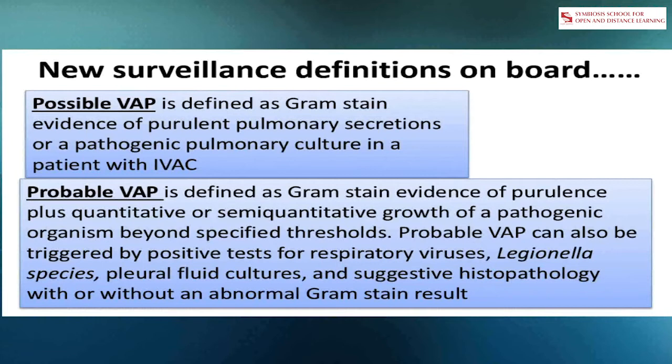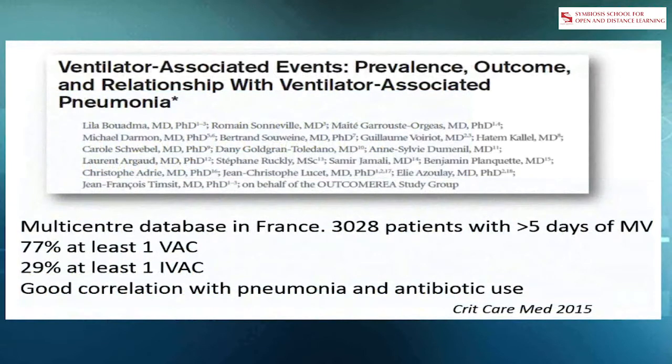It has been compared with the previous surveillance definitions of VAP. In a multi-center database in France, of 3028 patients with more than 5 days of mechanical ventilation, 77% had at least one VAC and 29% had at least one infection related VAC, and good correlation with pneumonia and antibiotic use was seen.